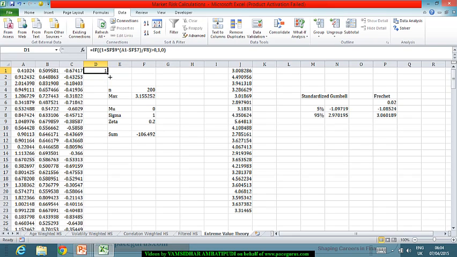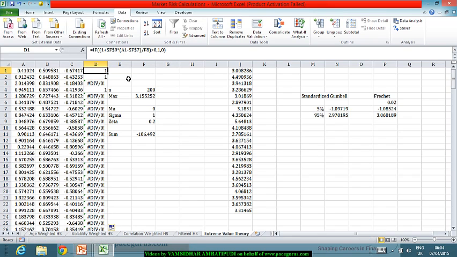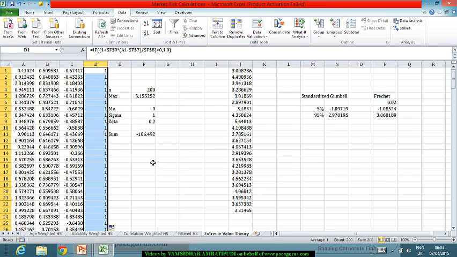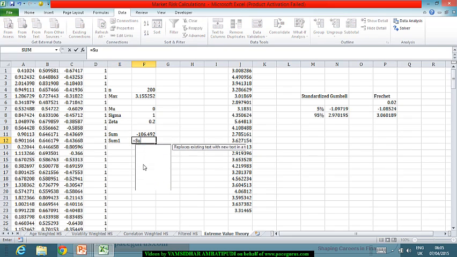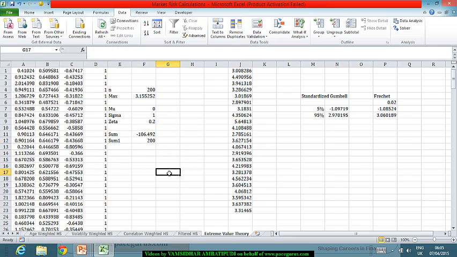So the same logic which I have to apply: if it is greater than 0, I'll take it as 1, otherwise I'll take it as 0. Which means I'm also looking at the constraint as the summation of that rule. The summation of that rule should be exactly 200. That's a constraint which I would like to set.